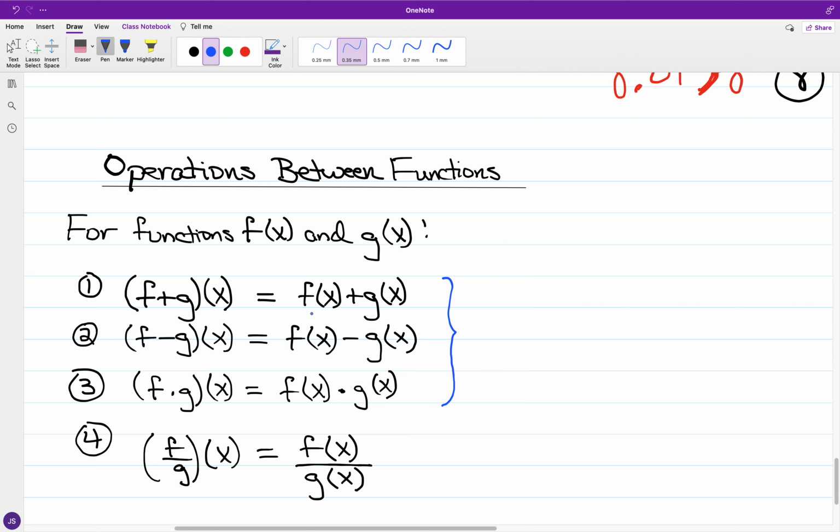And I just want to mention for the first three operations, for the sum, difference, and product functions, these first three functions will all have the exact same domain.